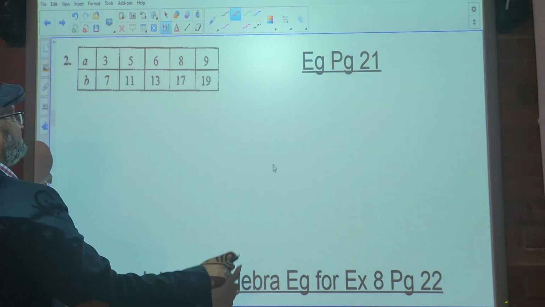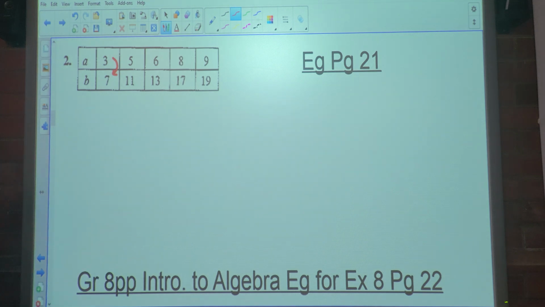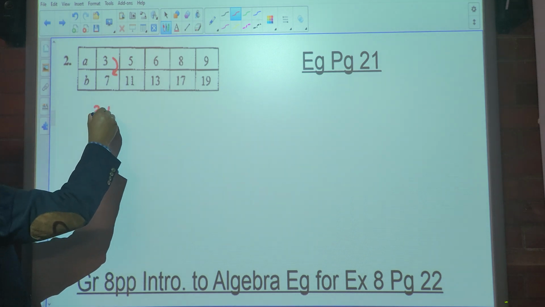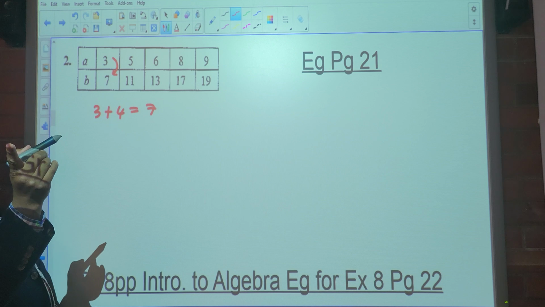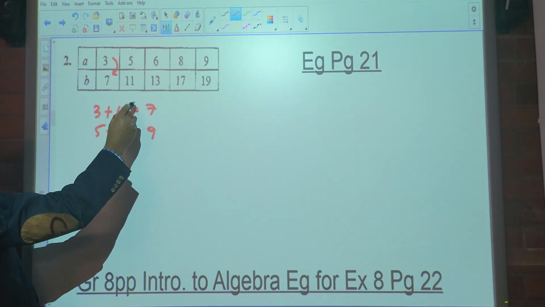So how do we move from one term to the next? You're saying plus 4, okay? So 3 plus 4 is 7, which is correct, not so? Yes, sir. So what's 5 plus 4? 9, not 11.